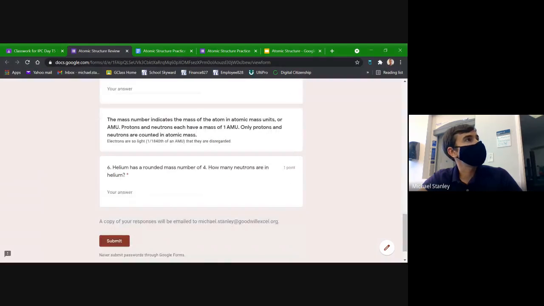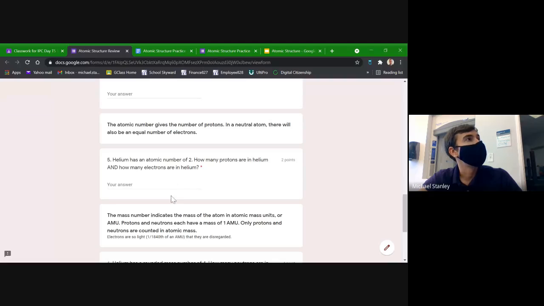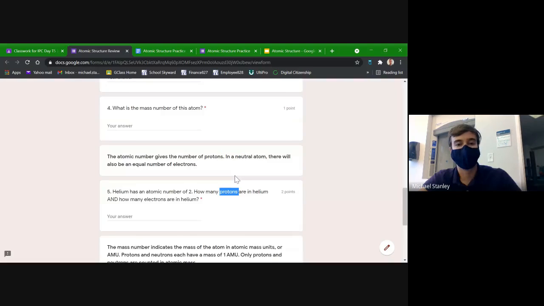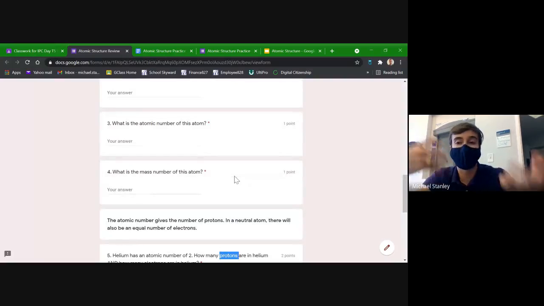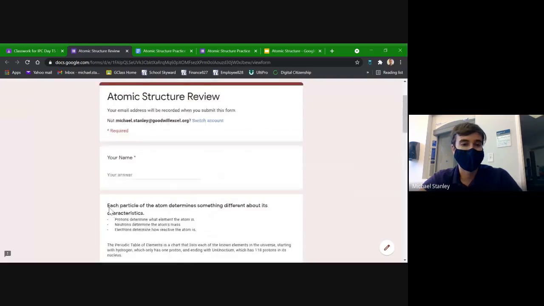And then finally, how many neutrons are in helium? This one, you only need the one number for the neutrons, based on the mass and the proton number from earlier. So it's a super simple overview, just to keep all of that atomic information fresh in your mind when we get to Thursday.